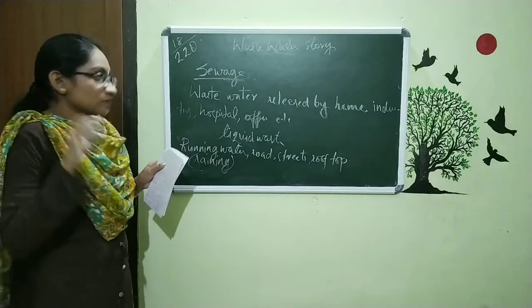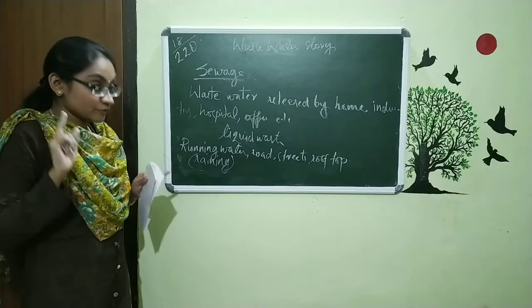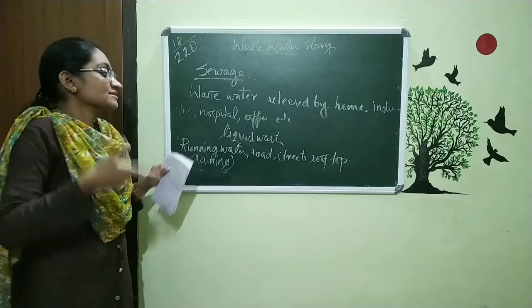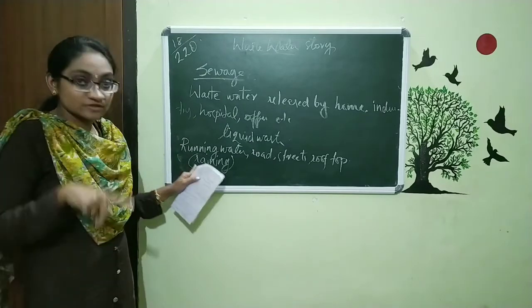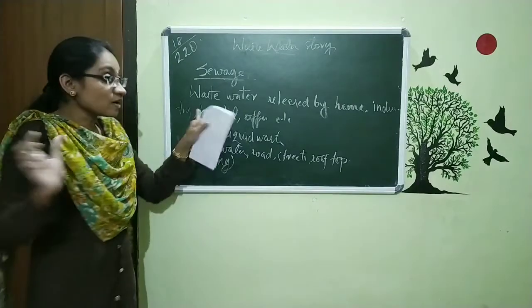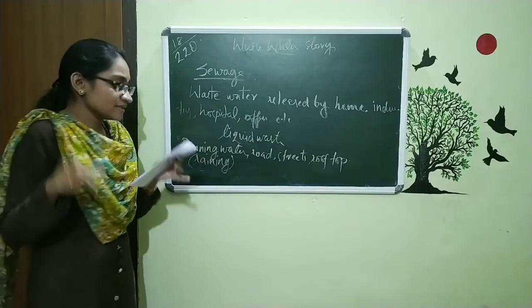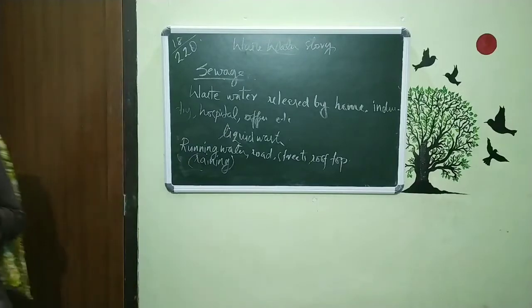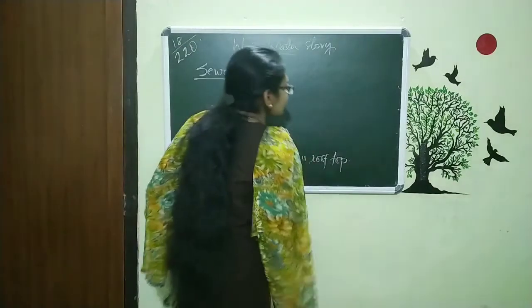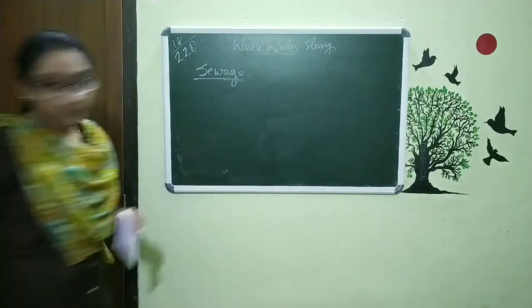So here we said that sewage is liquid waste that is released from homes, industries, hospitals, offices, etc. And also we can call it the running water from roads, streets, and rooftops. These all contain some sort of pollutants. And I already said that all this water is getting mixed with some sort of impurities or pollutants.